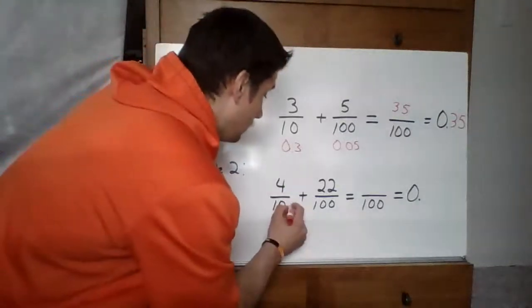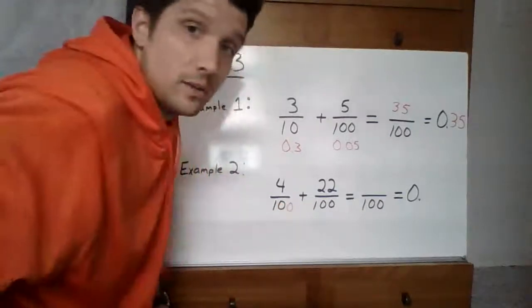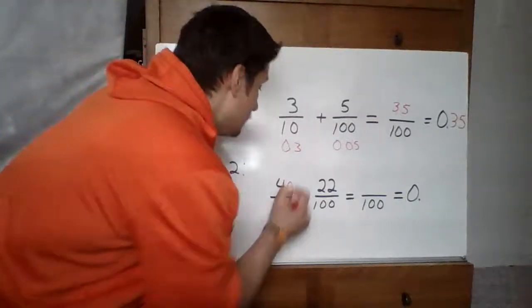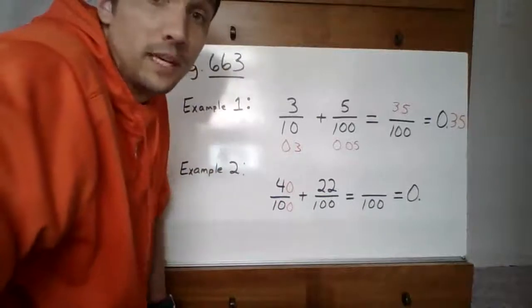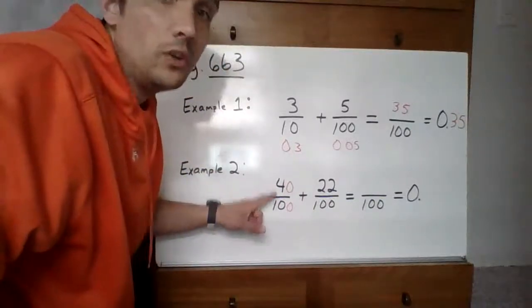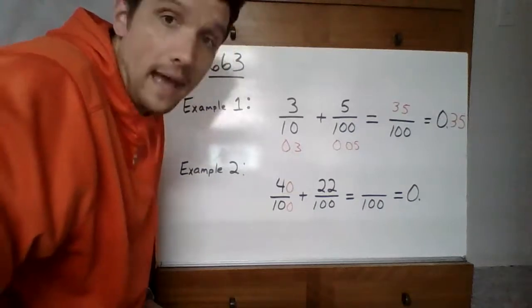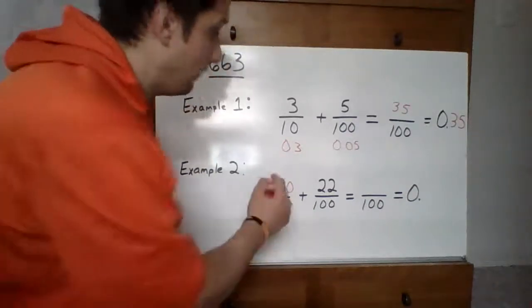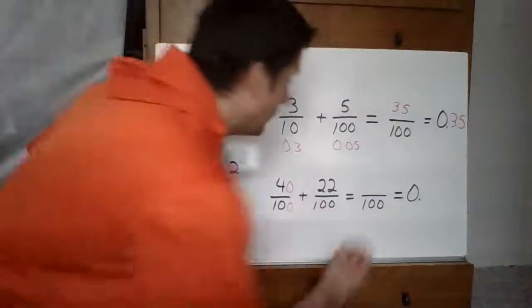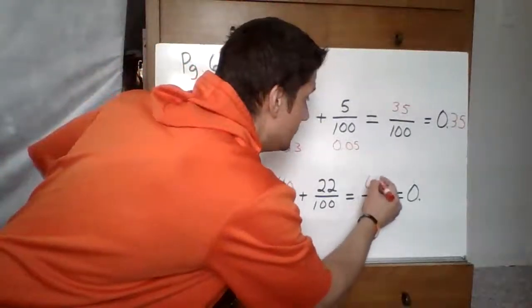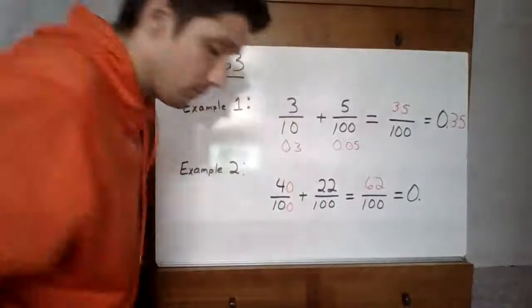Again, we add a 0 to the denominator, add a 0 to the numerator, because we know that 4/10 is also the same thing as 40/100ths. Now we can simply add straight across. So 40 plus 22, we would end up with 62/100ths.